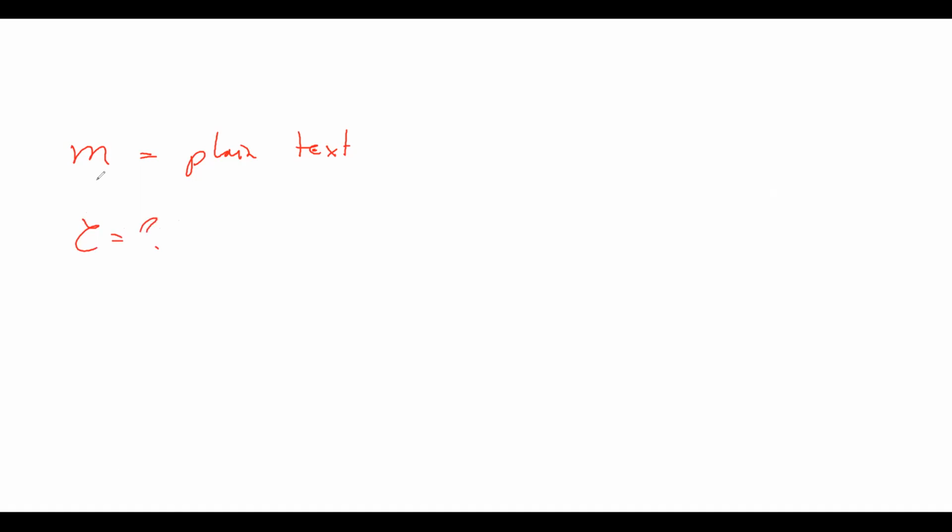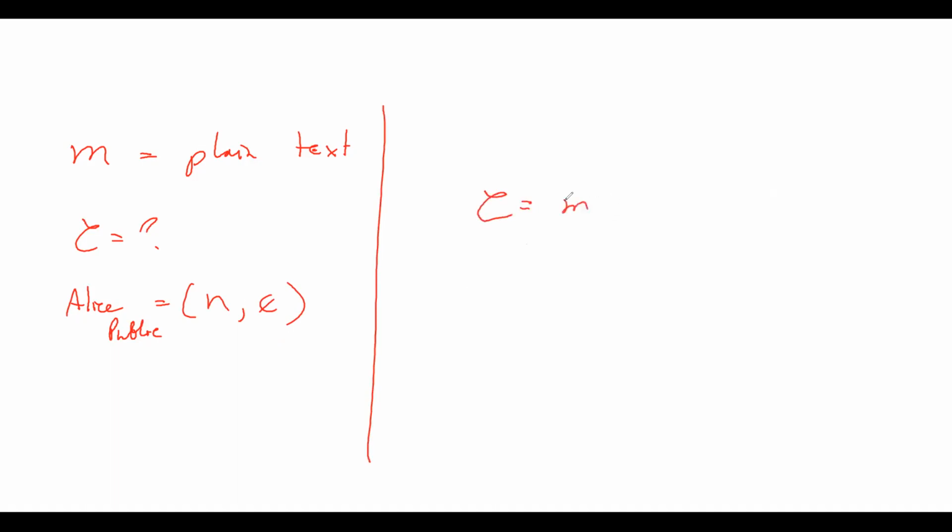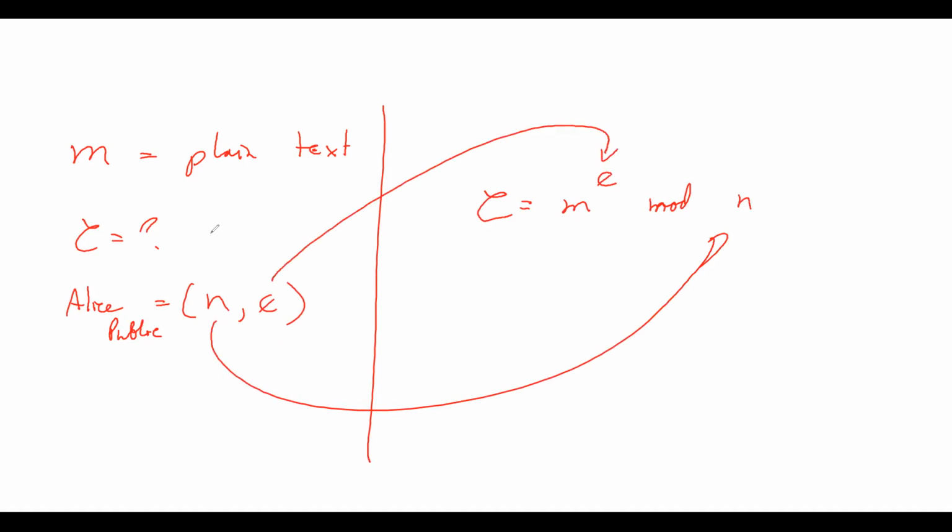Bob has the plain text message M. Bob knows Alice's public key, because we just established that it is N, E. Bob then will use an encryption equation, which is like this: C is equal to M to the exponent E mod N, where this N comes from the public key, this E comes from there, this message comes from there, and this is the modulus operation.